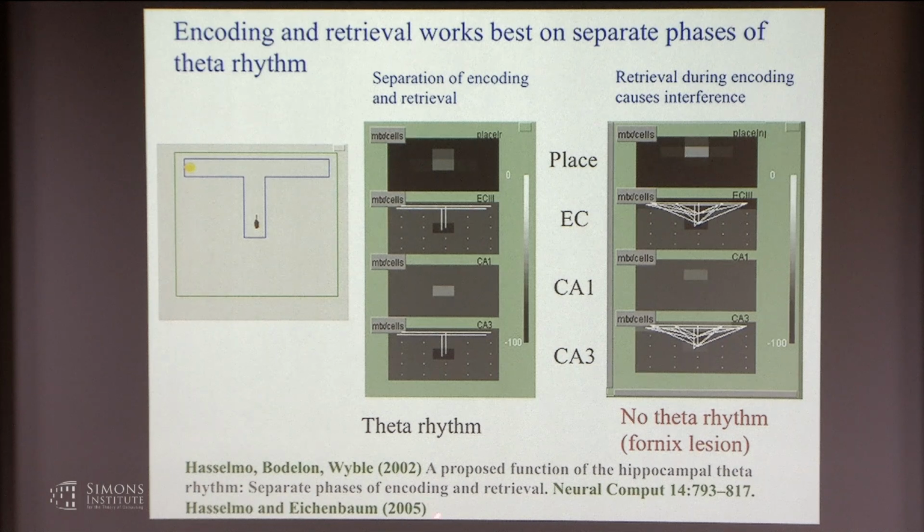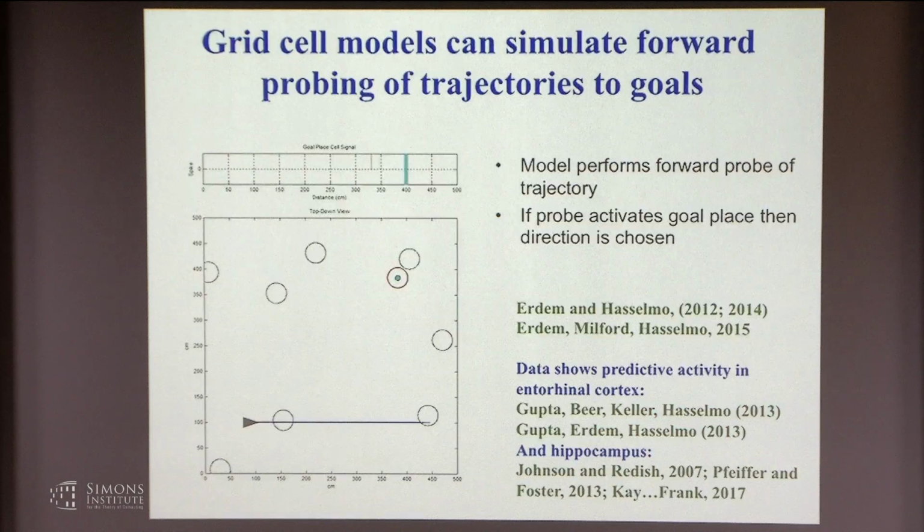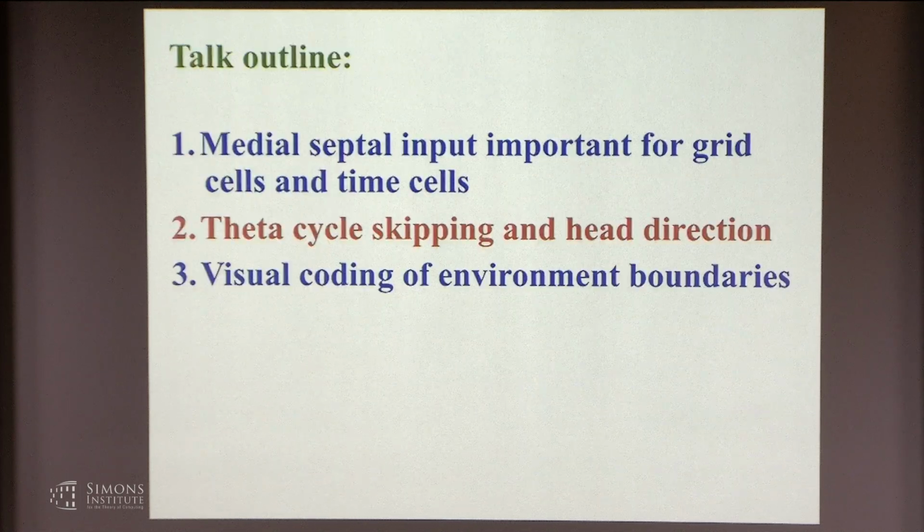And so in this paper with Howard Eichenbaum, we talked about how the retrieval could be happening on a particular phase of theta. It also relates to work that Murat Erdem did in my laboratory, where we were showing how grid cell representations could do forward trajectory retrieval in multiple different directions to do kind of a model-based sampling of potential trajectories for goal locations, similar to what David was talking about.